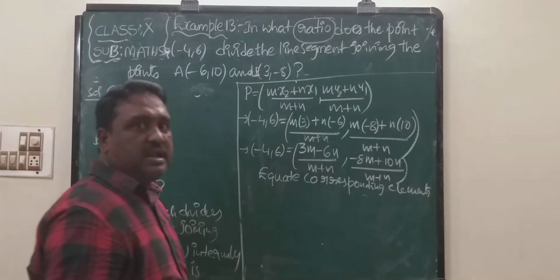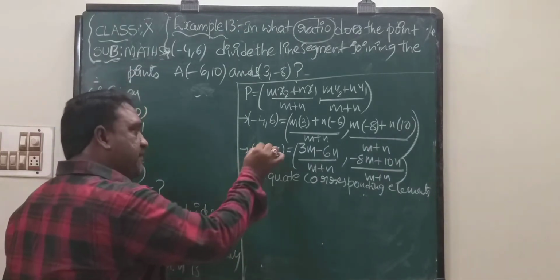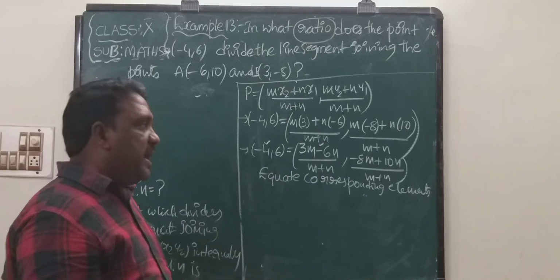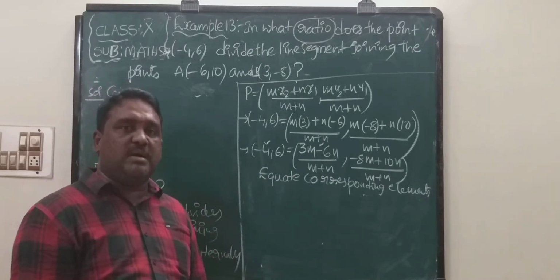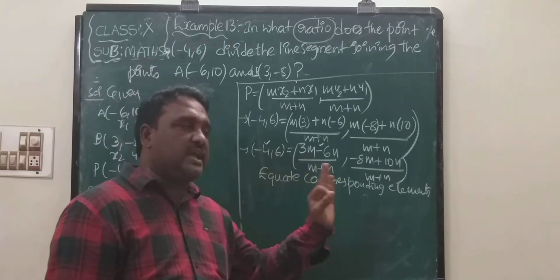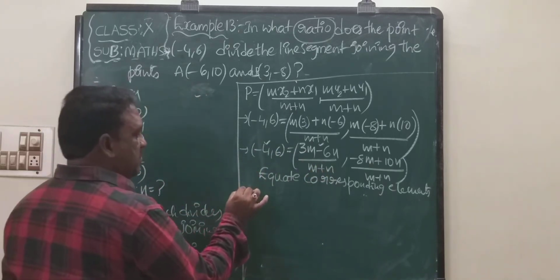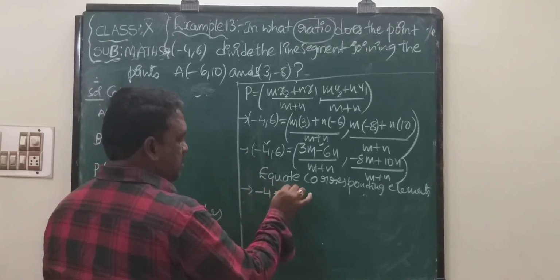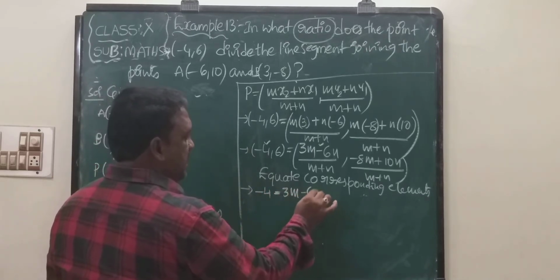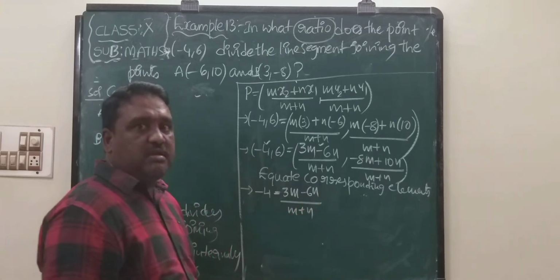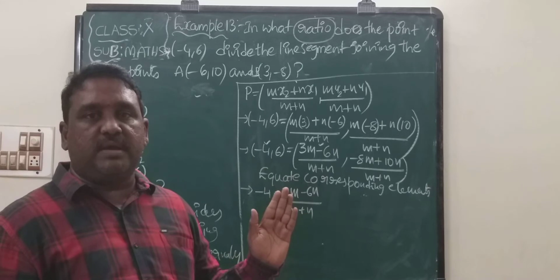So let us equate corresponding elements. Let us equate the first or the second; by doing either you get the same answer. I want to equate the first one only. So minus 4 equal to (3m minus 6n) by (m plus n).